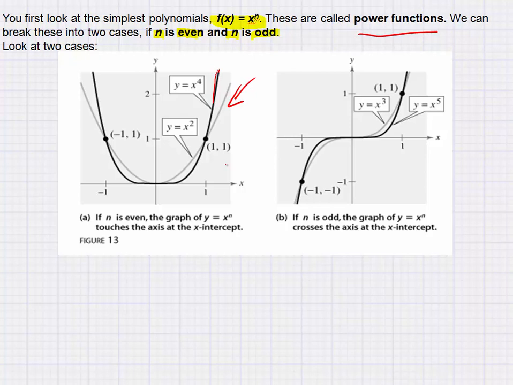And what happens is, as the power increases, if you look at what happens between -1 and 1 versus what happens after 1 and after -1, in here, between -1 and 1, my graph looks like it's sagging in towards the x-axis more. And as the power increases, that's going to happen more and more.